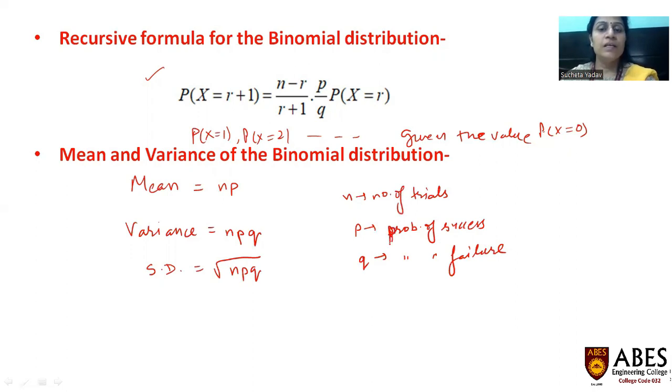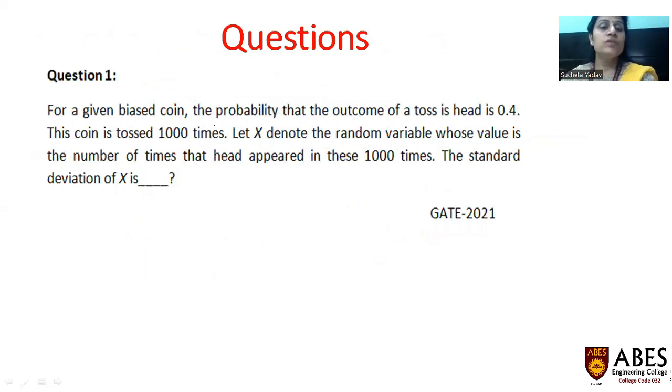So mean is given by np, variance is given by npq, and standard deviation is given by under root of npq.